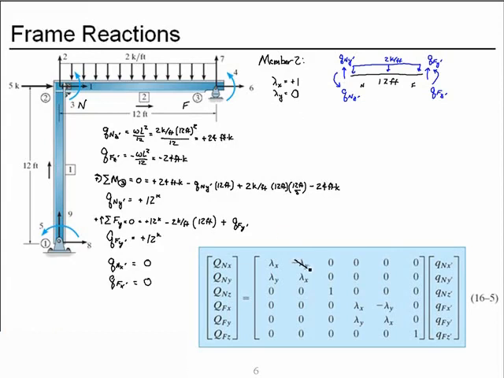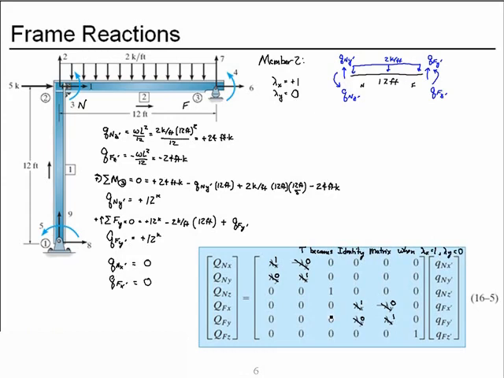So this becomes 0, this becomes 1, this becomes 0, this becomes 1, 1, 0, 0, 1. And what we see is that the transformation matrix becomes the identity matrix when lambda x equals 1 and lambda y equals 0.